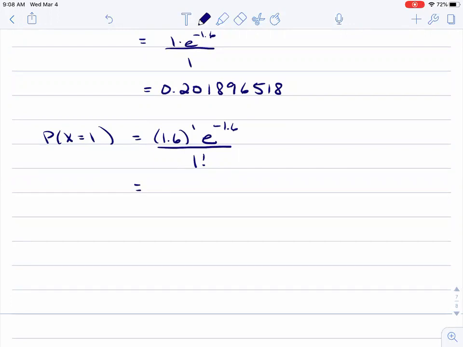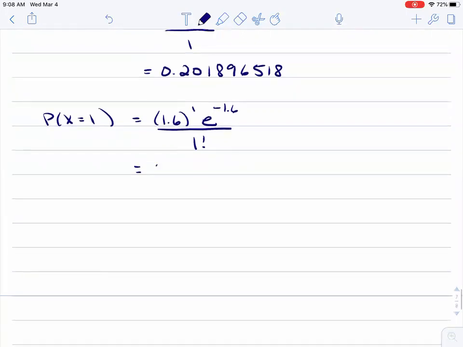But now we've got 1.6 times e to the negative 1.6. So let's do that, times 1.6. If you still had it on your calculator like I did, then I get 0.32303442888.